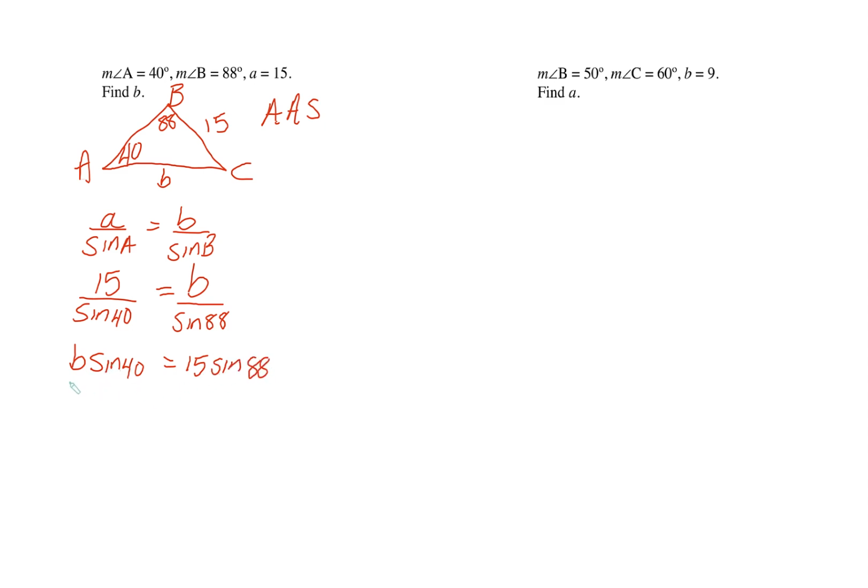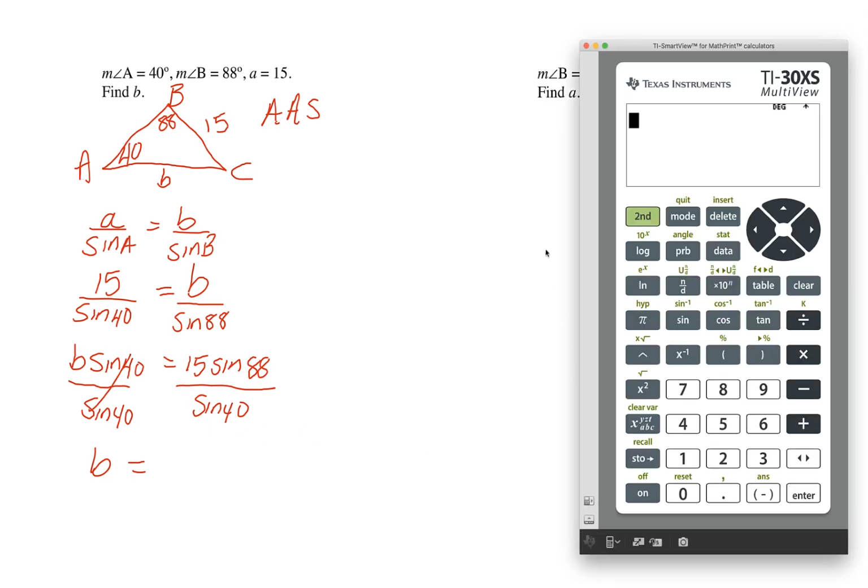Solving for b, I'm going to divide both sides by sine 40. Therefore, b equals 15 sine 88 over sine 40. Notice I did not compute what 15 times sine 88 was. I left everything like this because I'm going to put all of this in the calculator. You don't really want to round so early.